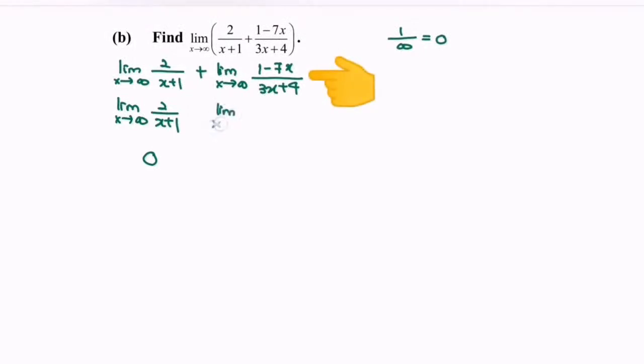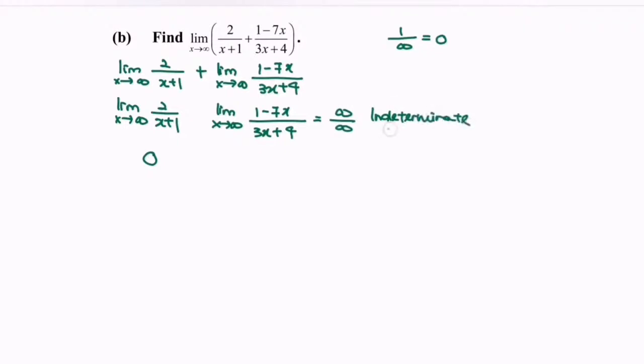X kindly refers to the right hand side. Limits when x approaching infinity for the function 1 minus 7x over 3x plus 4. So if we substitute the situation, we will have infinity over infinity, which is what we call indeterminate form. So, bila you jumpa situasi begini, betul?